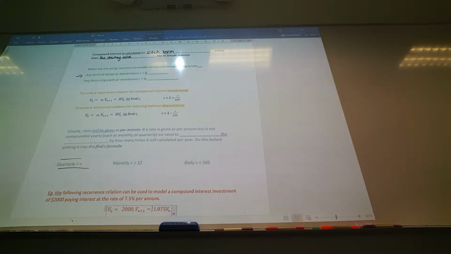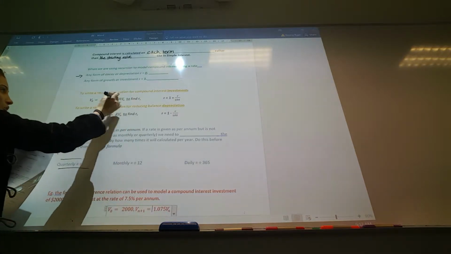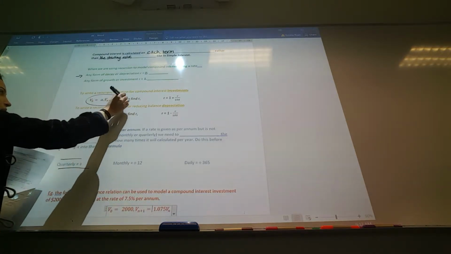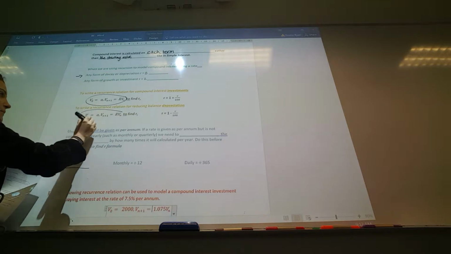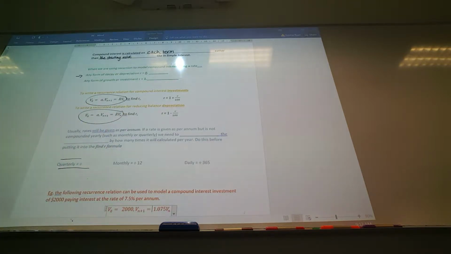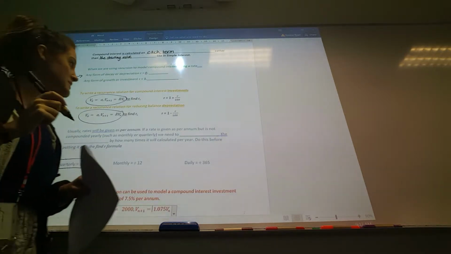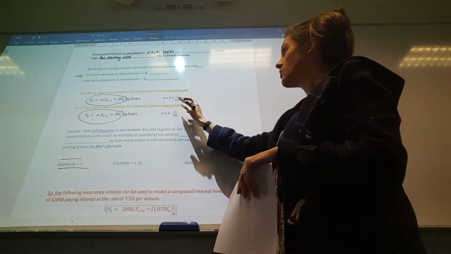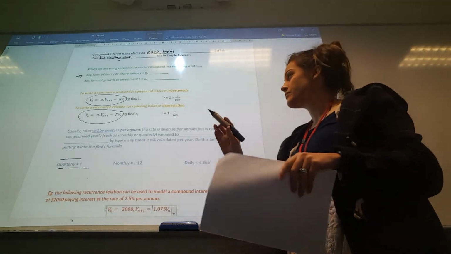When we're using compound interest, our recursion relation is exactly the same whether we're investing or depreciating. The difference is how we find our ratio, so what we're going up or down by.